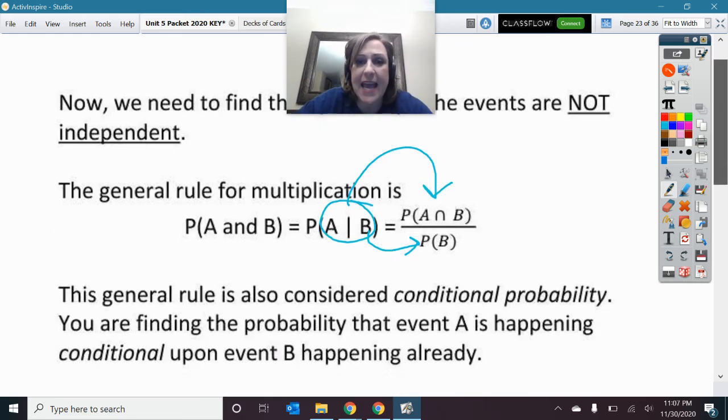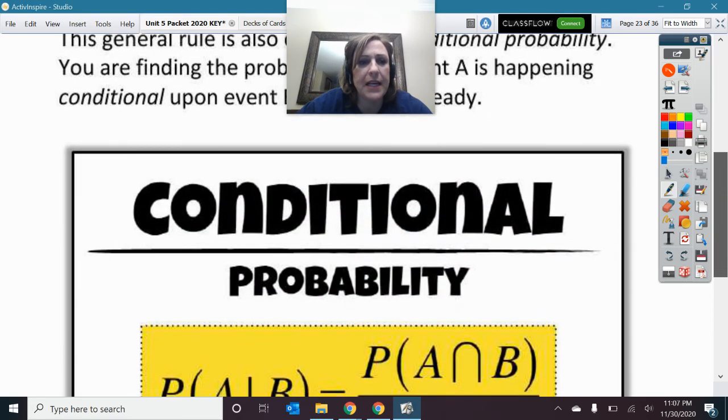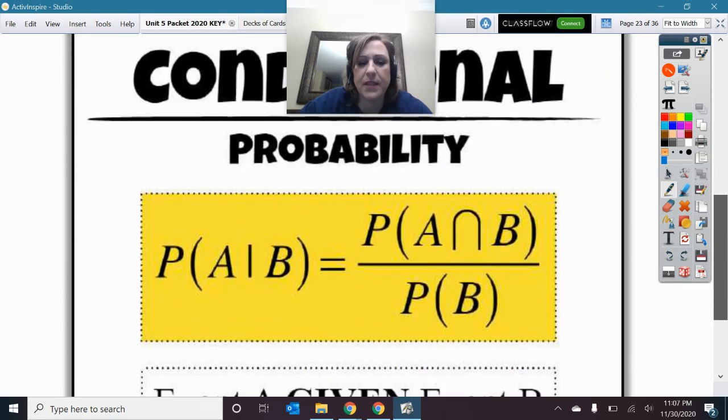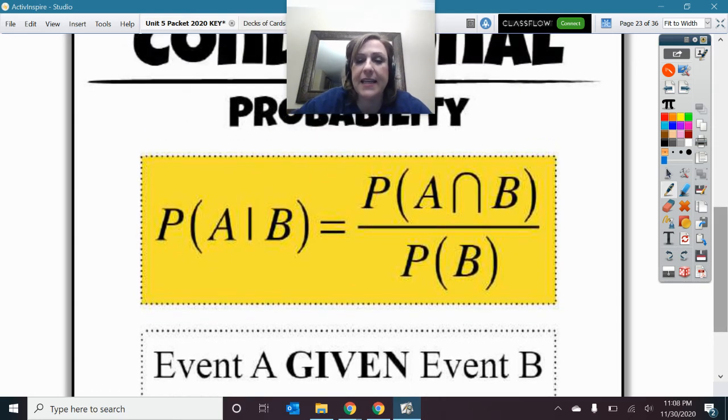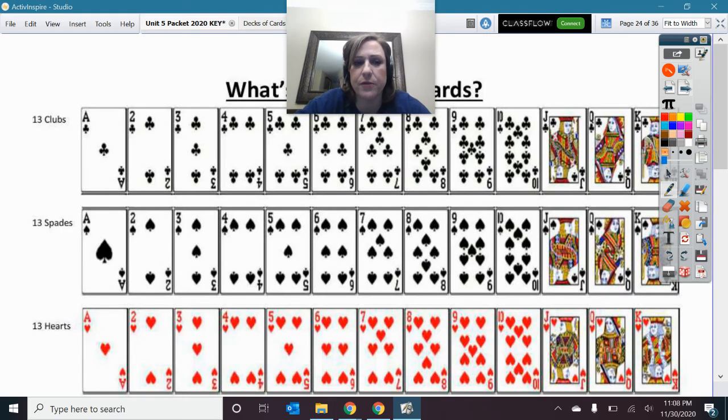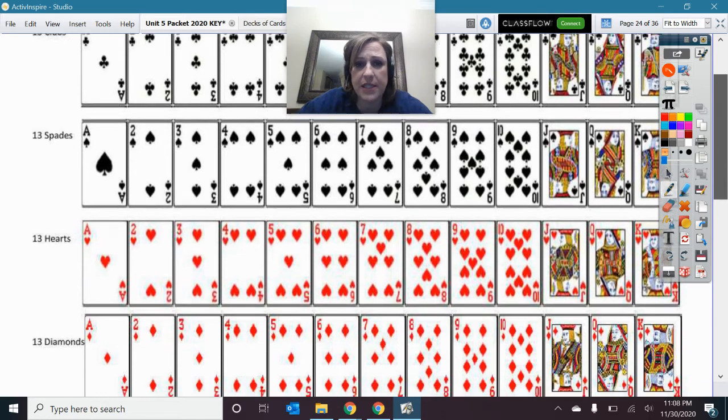And here it is, the conditional probability rule, with those symbols: event A given event B. All right, so now we're going to practice some more of those. But I think the next one has its cards in it.